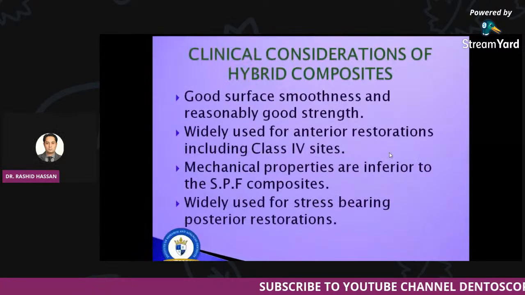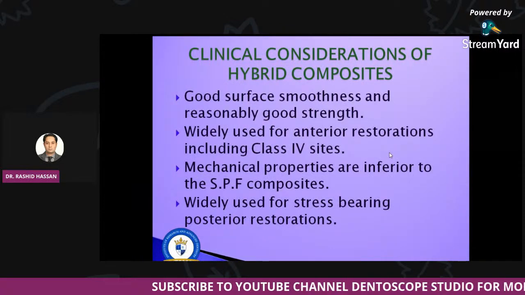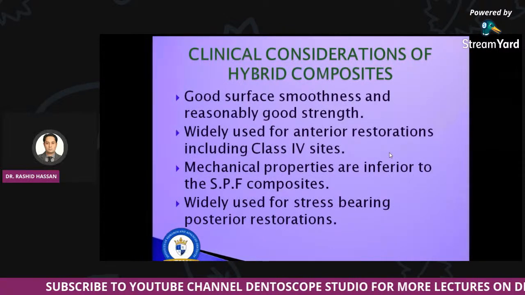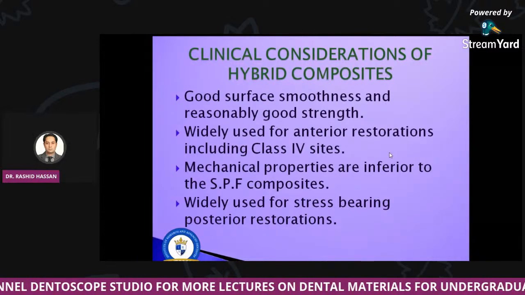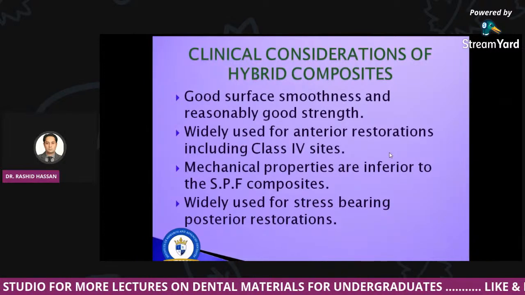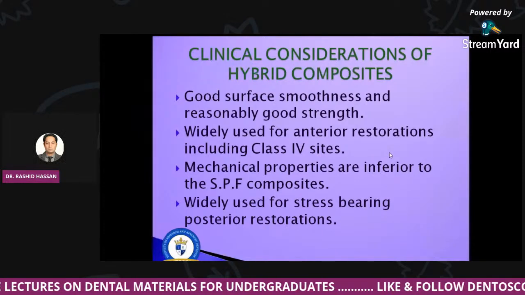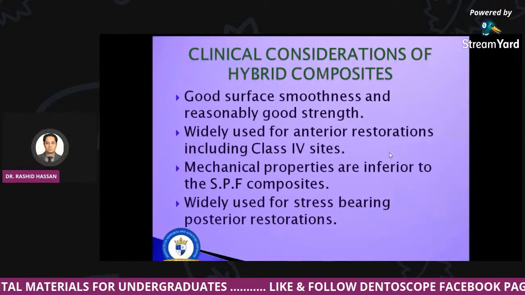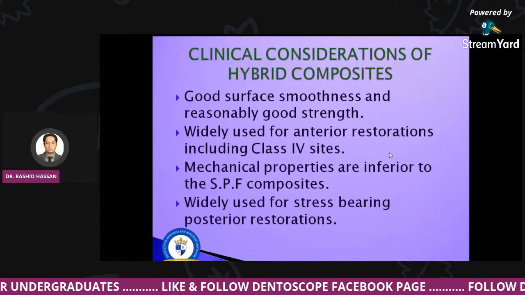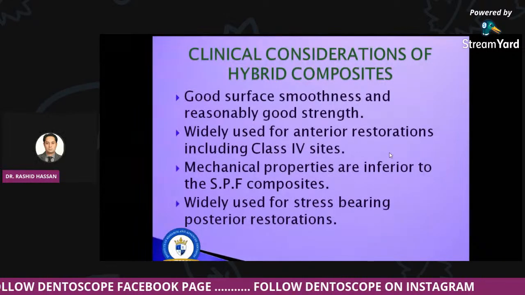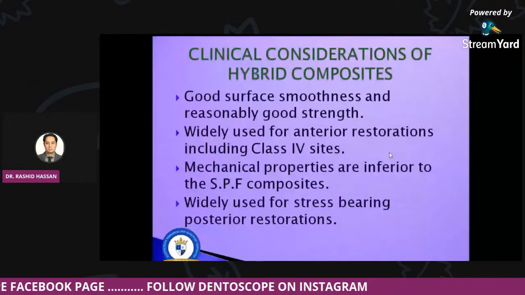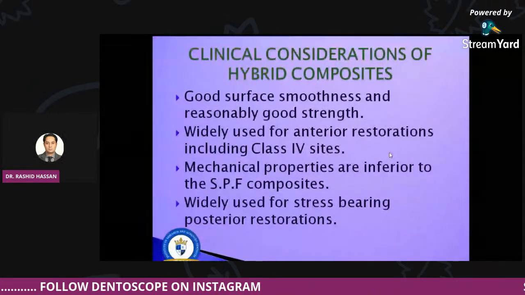Coming to the clinical consideration, they have good surface smoothness and reasonably good strength. So it is better than the microfilled ones. Okay, widely used for anterior restoration, including class 4 sites. So now we can easily use it in class 4 restoration, which also includes the proximal and the incisal edge.